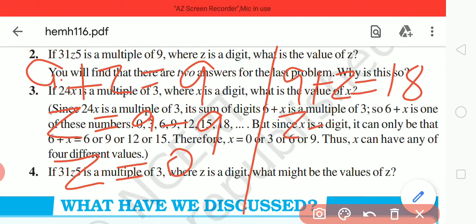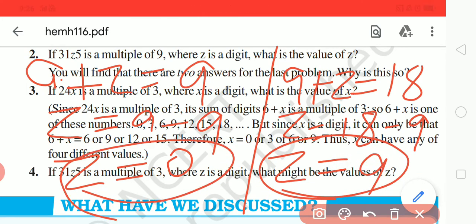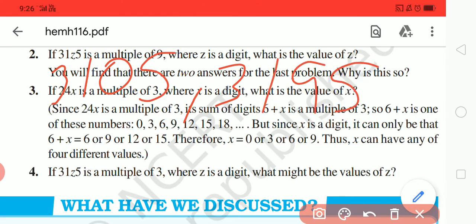Now z is equal to 18 minus 9, that is z equal to 9. So yes, 9 is also possible. So there are two answers: z can be 0 and z can be 9. So the numbers formed are 3 1 0 5 and 3 1 9 5. Both are divisible by 9.